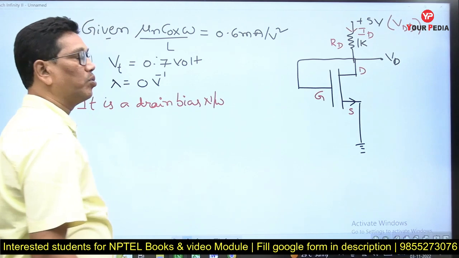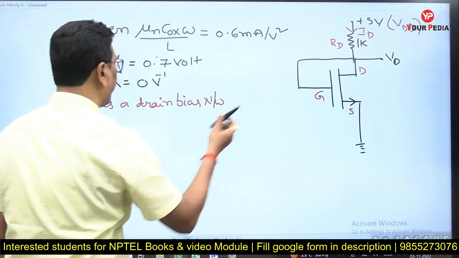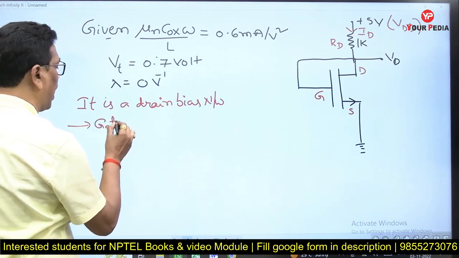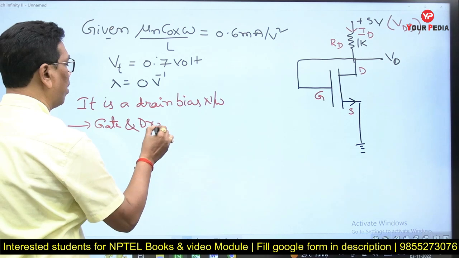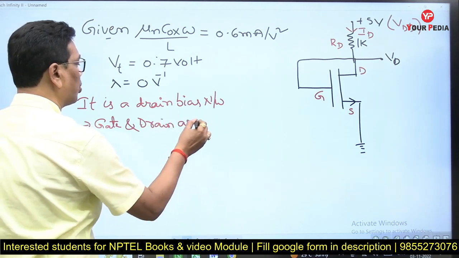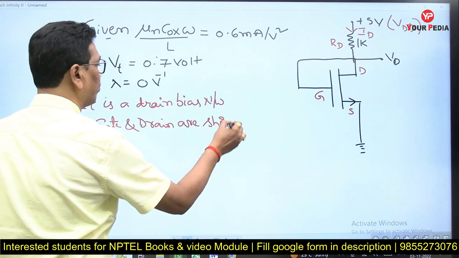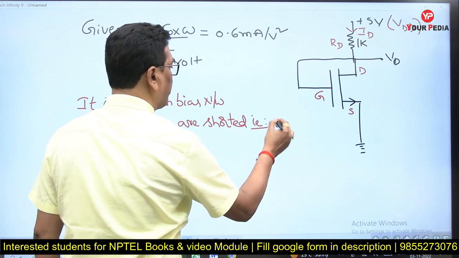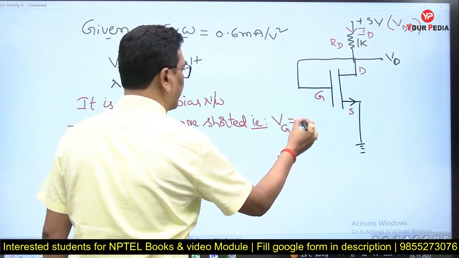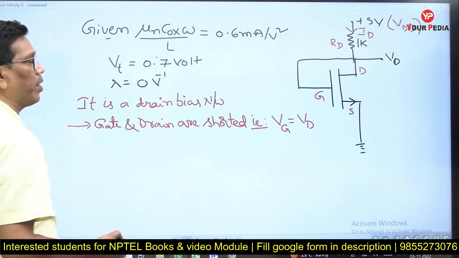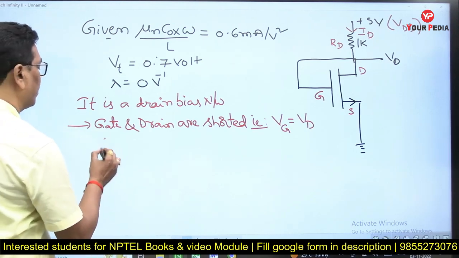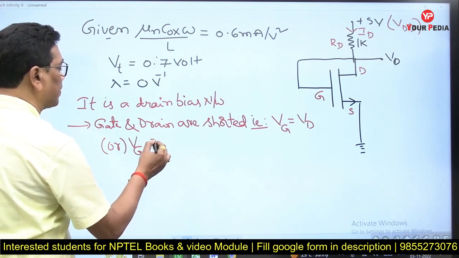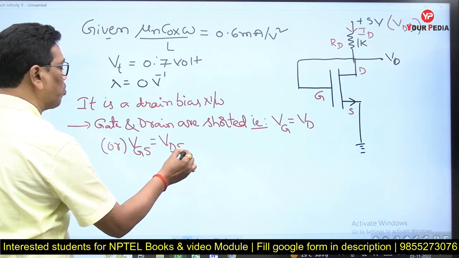Now, in our diagram, gate and drain are shorted, that is, gate potential equals drain potential. Vg must be equal to Vd, or VGS, the gate to source voltage, is the same as the drain to source voltage.